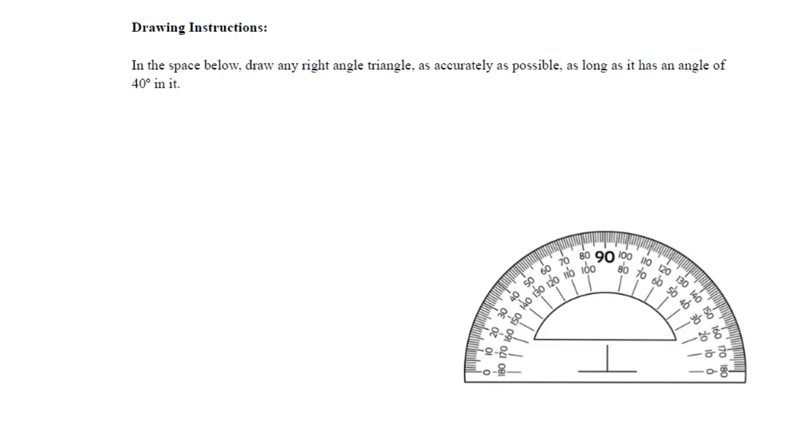I have told you in the space below, I want you to draw a right angle triangle. So we're talking about a right triangle. Very important. As accurately as possible. The only other restriction we have on our triangle is that it must be right. And now we have to put a 40-degree angle in it.